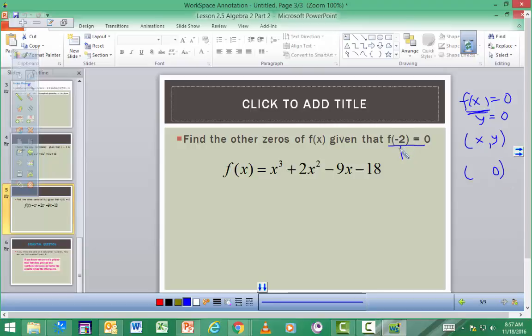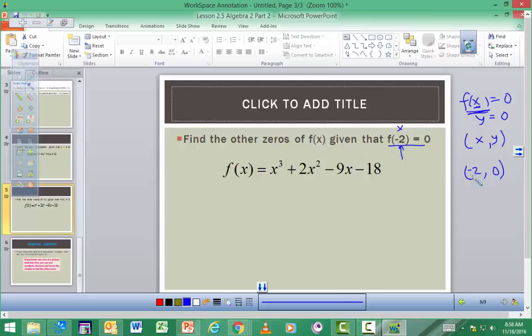And the number that they're putting in right here, that's x. You see? That's the x. So this means this is x. X is equal to negative 2. You see? Does that make sense? So they basically gave you some coordinates here. Now, they're saying find all the zeros.